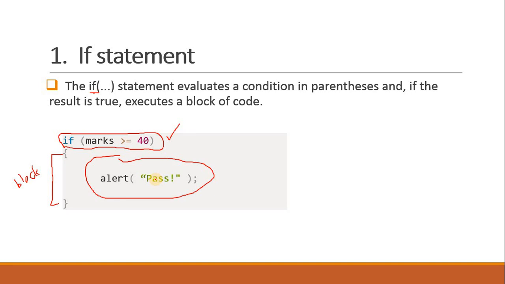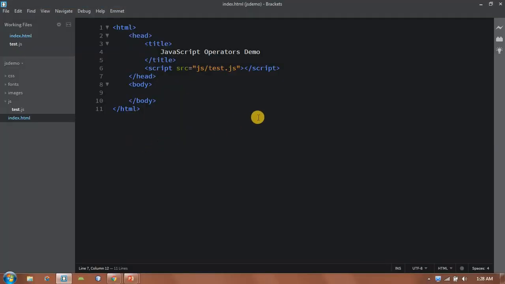For example, if you want to decide if a student has passed or failed, we are supposed to check the marks. If the marks are greater than or equal to 40, we can say the student has passed. So let's see the example here. As you can see, this is the index.html. Since we are working with conditional statements, we'll change the title to JavaScript conditionals demo, and we have referred to a JavaScript file named test.js from the folder JS.